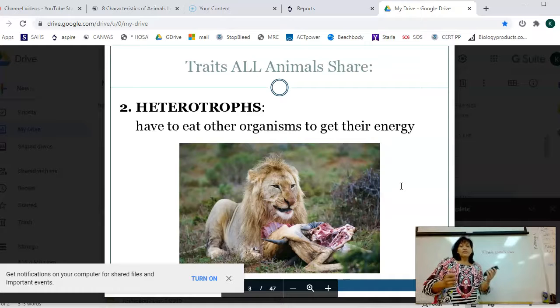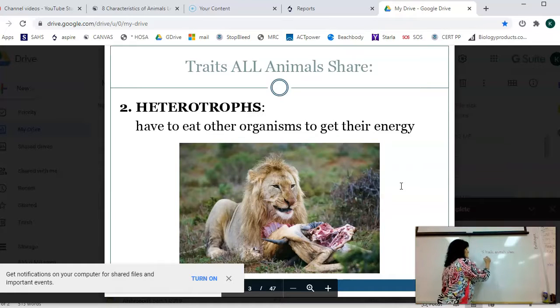Heterotroph. So on this one also, write the word heterotroph and then "eat other things to get energy" or whatever to remind you that that's what heterotroph means. And then draw a picture on this also to remind you that you're eating other things, okay? We've got a lion here.